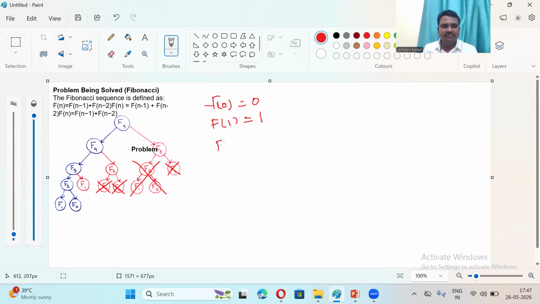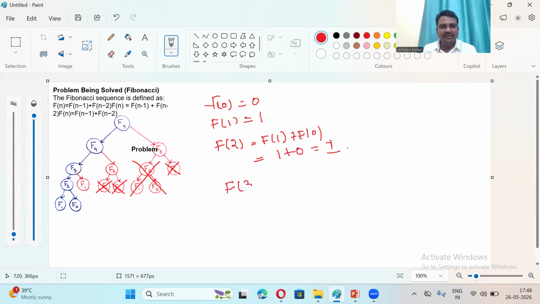Then what about F2? F2 is F1 plus F0. The F1 value is 1, the F0 value is 0. Then what is F2? 1. Similarly, what is F3? That is F2 plus F1.